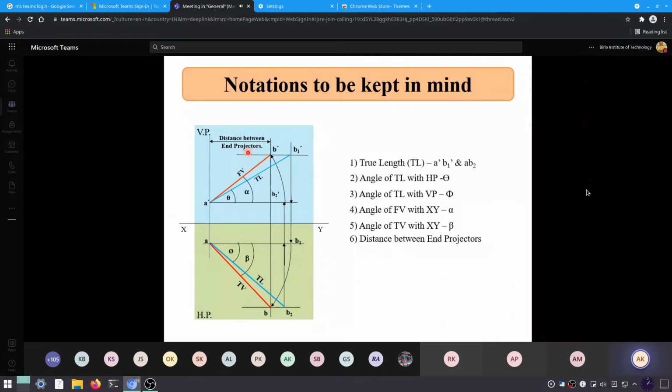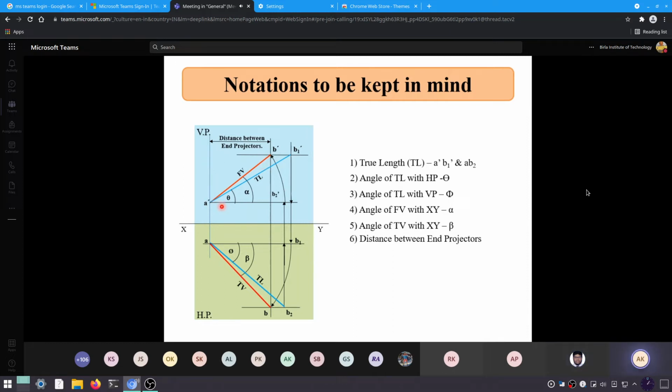Both of them will lie between these two lines. Is it fine? However, this can't be said for true length, right? Okay, fine.